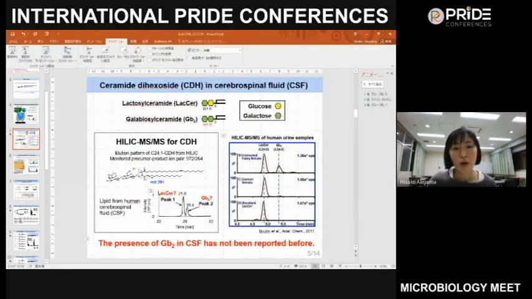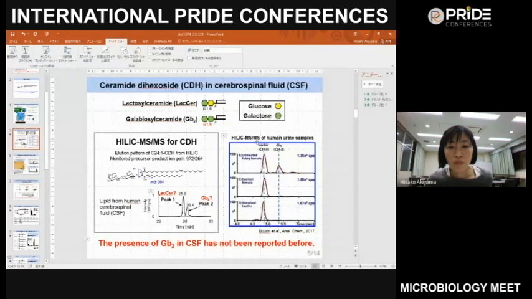Lactosylceramide and galactosylceramide are members of ceramide dihexoside, CDH. When we analyzed CDH in lipid extracts from human cerebrospinal fluid, CSF, we detected two peaks. As this paper has already reported, lactosylceramide and GB2 can be separated by HILIC.